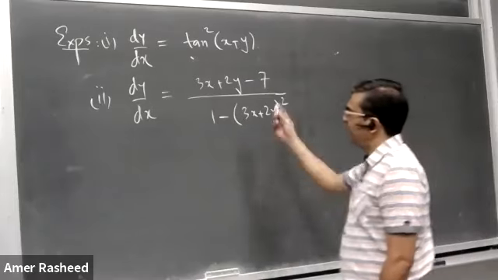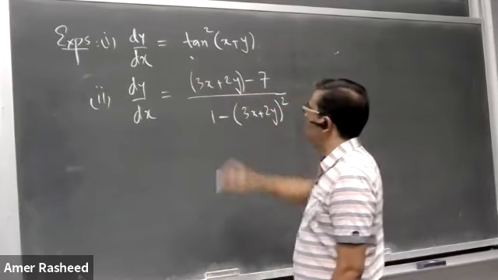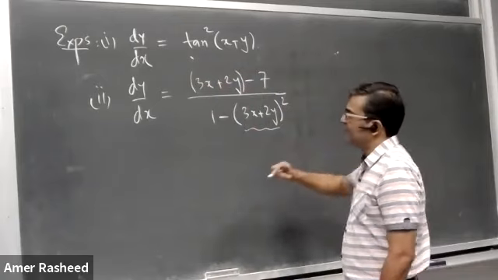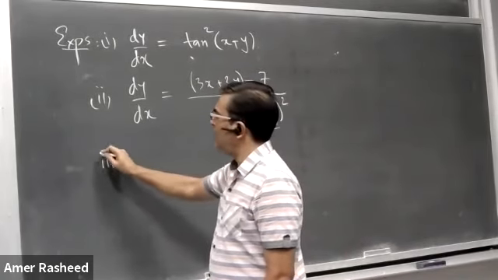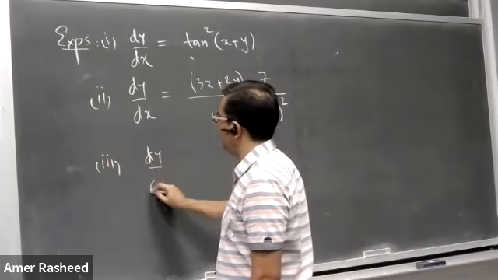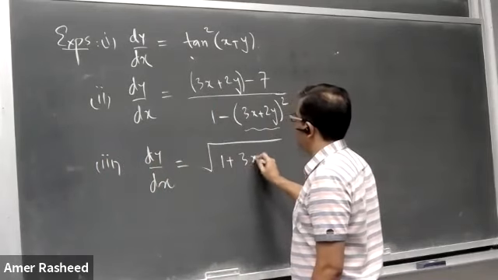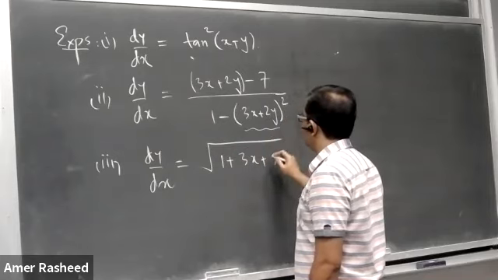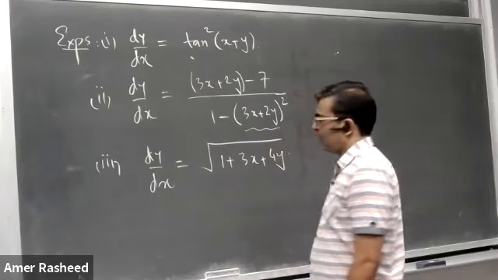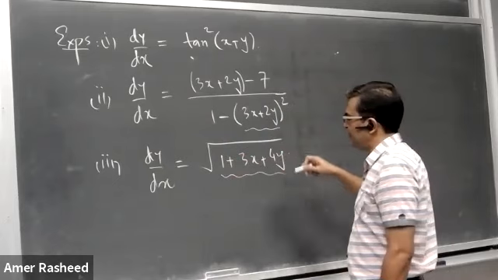Okay, you can try this one. You can make a substitution of 3x plus 2y. Or in a square root also, you may have a square root of 1 plus 3x plus maybe 4y. You can make a substitution for all this.